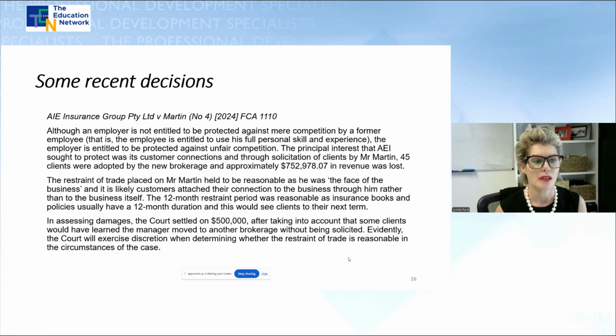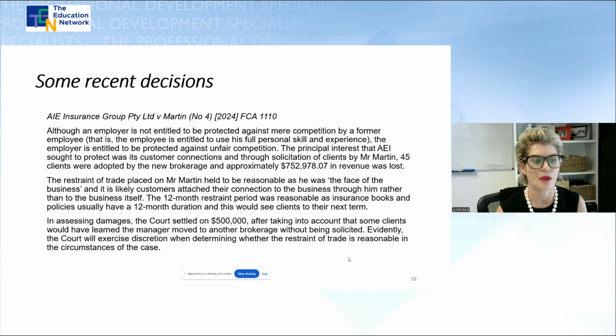So when they're assessing damages, the court held that $500,000 was reasonable to settle on, because it needed to take into account that some clients, without him contacting them, would have learned that he had gone to another brokerage, even if he didn't solicit them. People might have seen that he'd moved somewhere new, and they would follow him without him actually engaging in any problematic conduct.